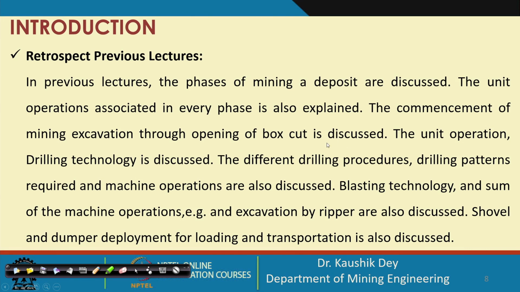We have discussed the blast-free mining technique, that is the excavation by ripper, the cuttability of rock by ripper, and the performance of rippers. After that, we have discussed the excavation carried out by the shovel, especially for loose or fragmented rock mass, and their performance and cost analysis. The transportation system is also discussed with special reference to shovel-dumper combinations, the allocation of dumpers with the shovels, and their performance and cost analysis in detail.